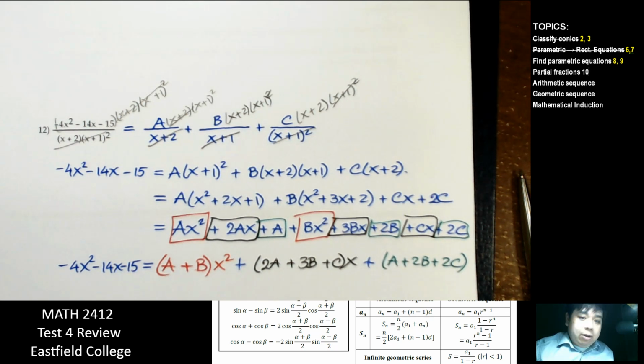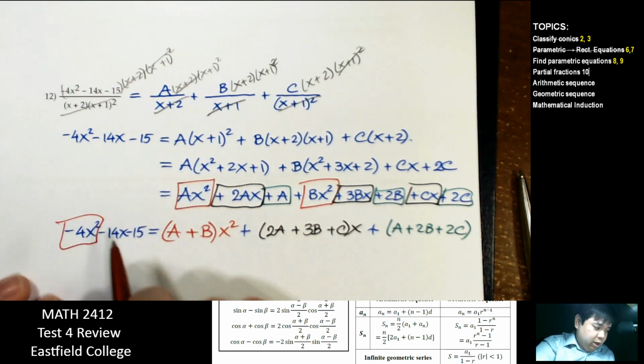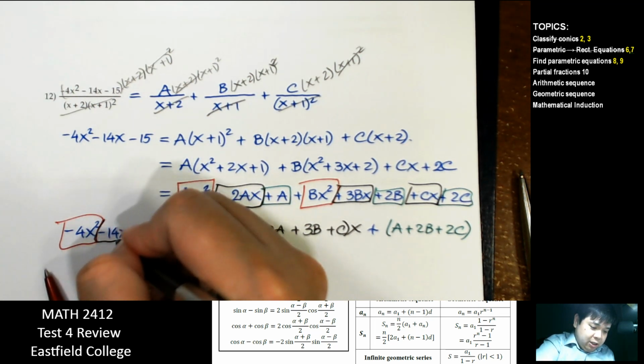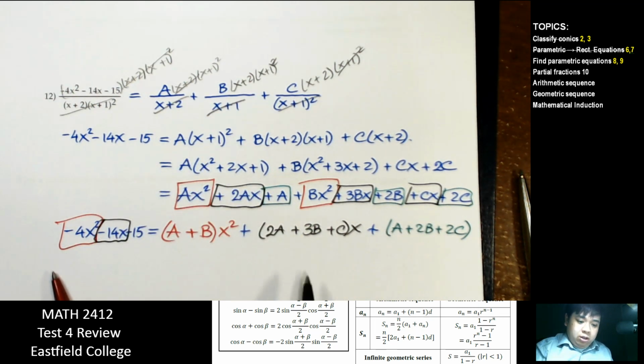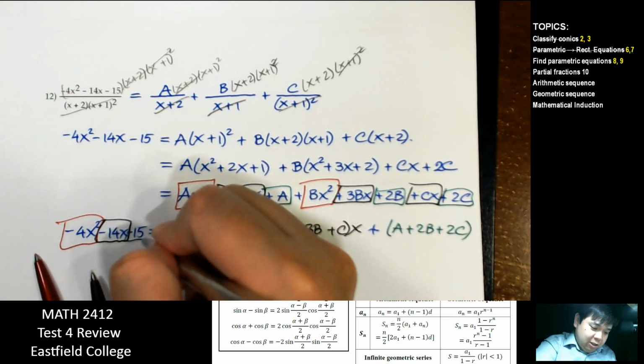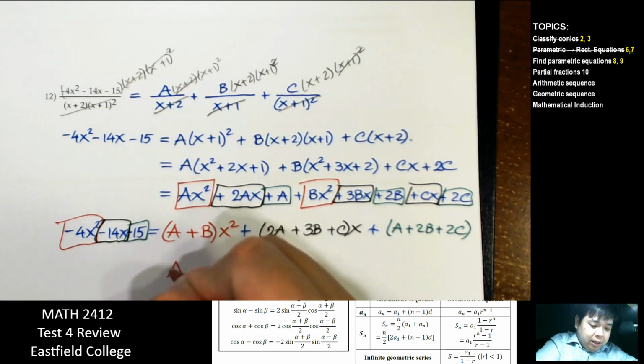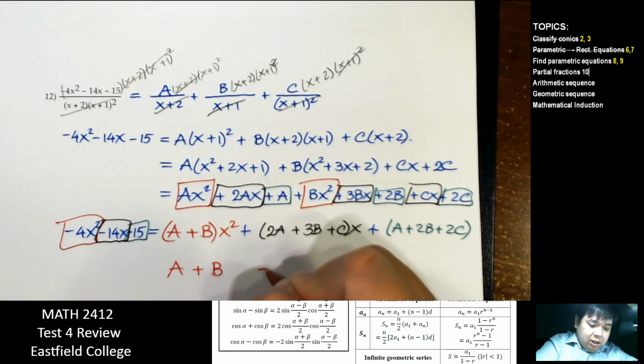Right, so we match AB, we match with 4x squared, negative 14x. We match that with this, and the negative 15 we match with that. So let's write the equation. A plus B, or some space.